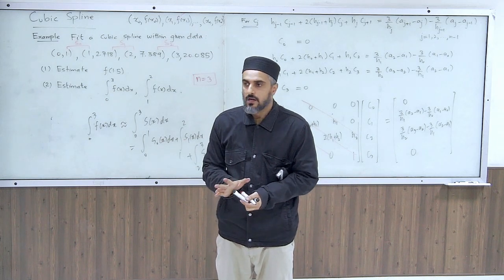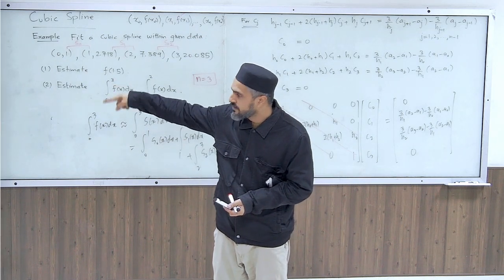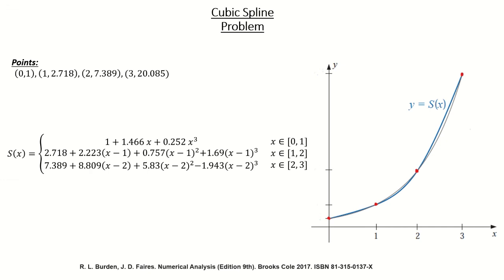Okay, finally, if you just see this curve, what are these red dots? This is our data, the actual data. And that blue line is the cubic spline that we fit. Okay?